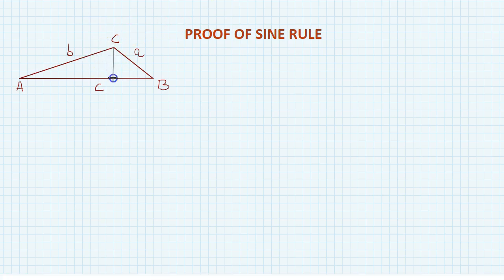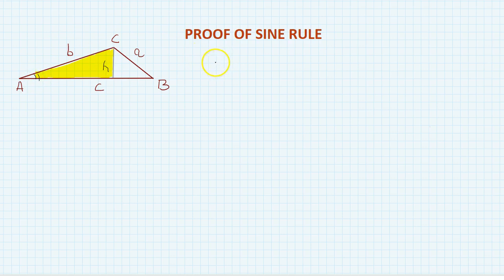It's exactly the same as what we did for the cosine rule. Now we have this right angle triangle. Let's consider this is height h and this is angle A.